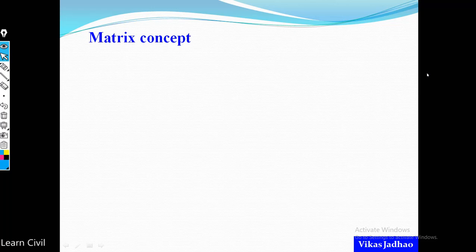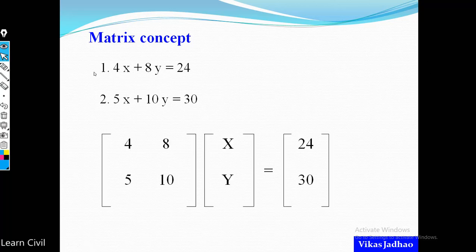Next, before touching the main topic, we must understand the concept behind the matrices. Let us consider we have two simultaneous equations, equation number 1 and equation number 2. We can write these simultaneous equations in matrix form like this.